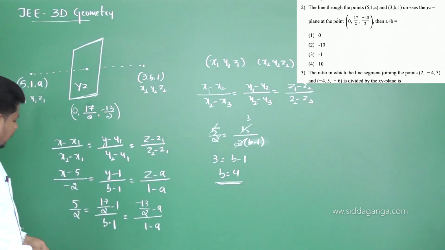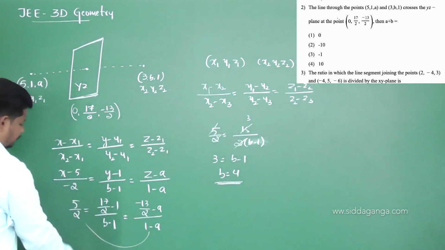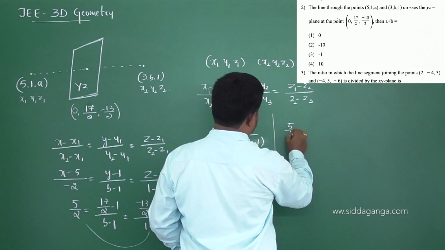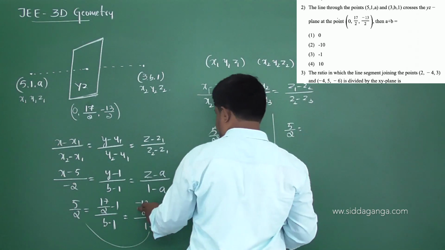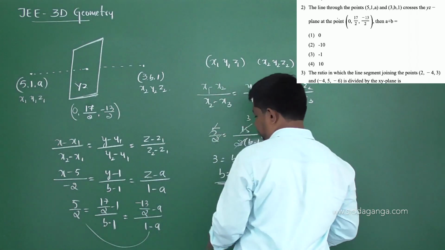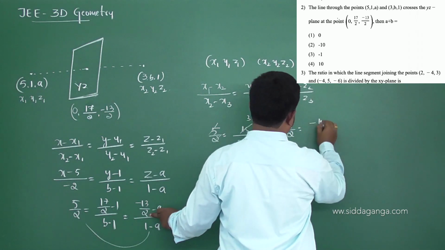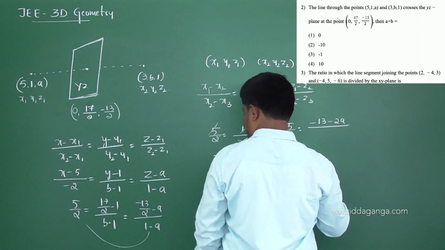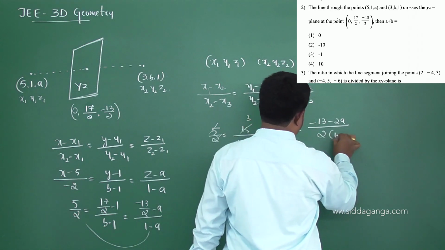Now let us find the value of a, let us equate these two. So you get 5 by 2 is equal to minus 13 by 2 minus a, that is minus 13 minus 2a divided by 2 times 1 minus a.